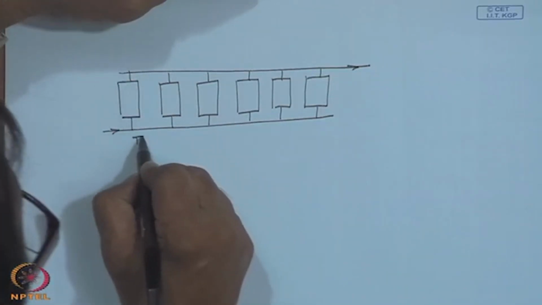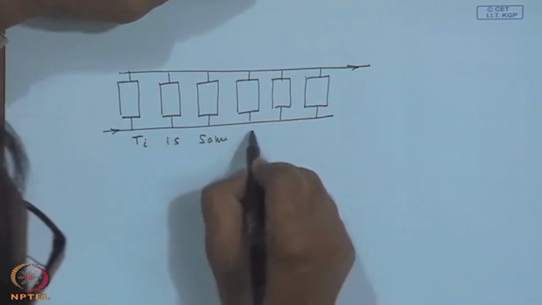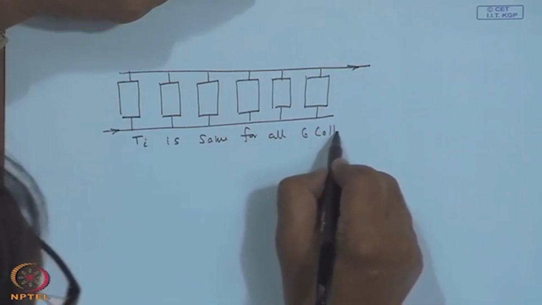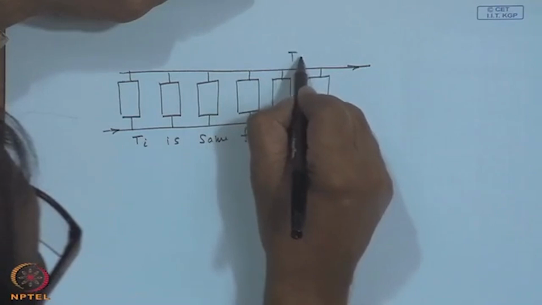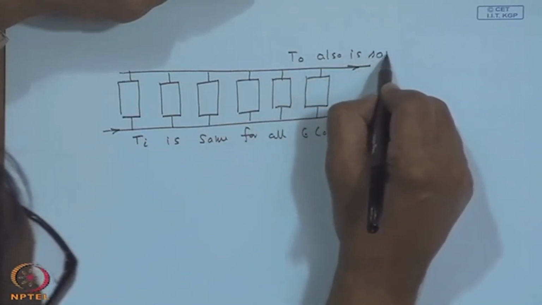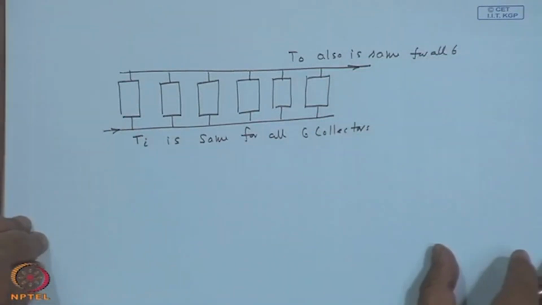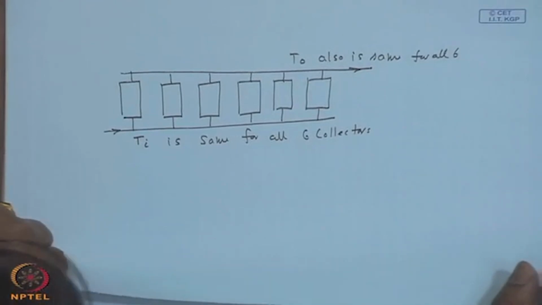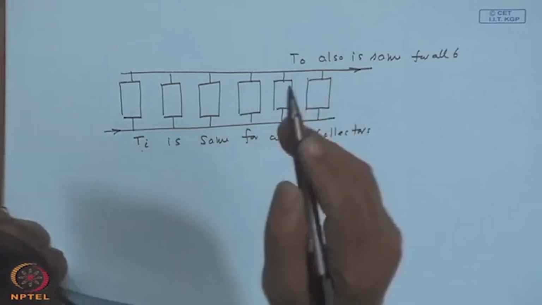So, T I is same for all 6 collectors, and similarly T O also is same for all 6. We are assuming that there is a uniform flow rate and all the collectors are same efficiency. Consequently, nevertheless, it will enter at T I and come out with T O.